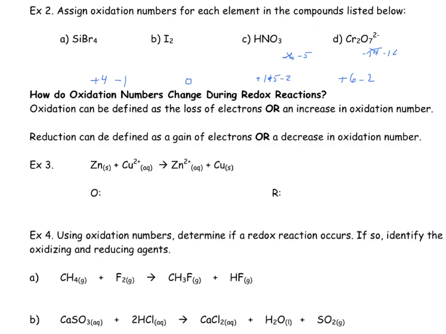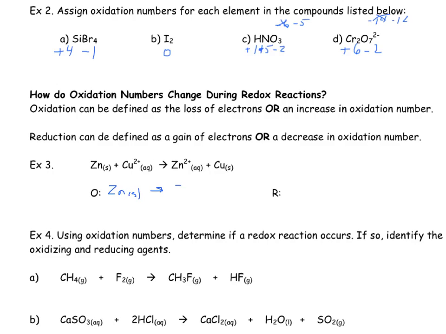In the previous lesson, we wrote half reactions for the following net ionic equation in example 3. In order for the zinc to turn into a zinc 2 plus ion, it needed to lose 2 electrons.